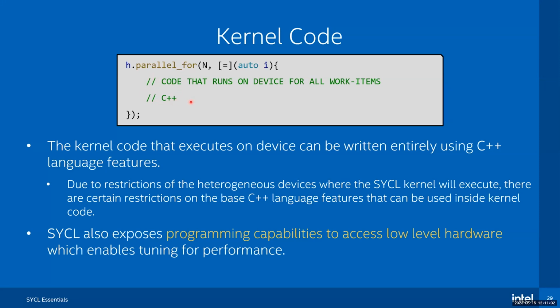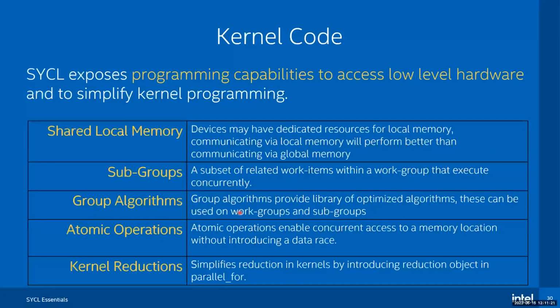But for the basics, just to get the code running on GPU, this is all you need, and you can write your entire kernel in C++, or eventually you can start learning all the other capabilities that are available in kernel code and implement those changes. So just as an example of the kernel capabilities.